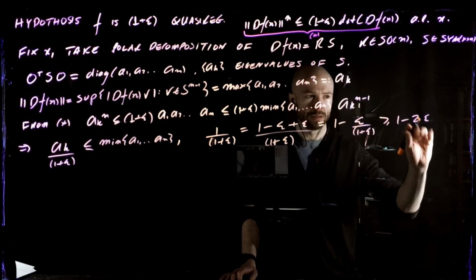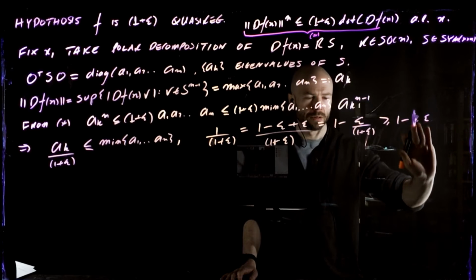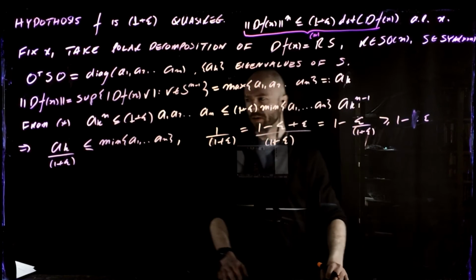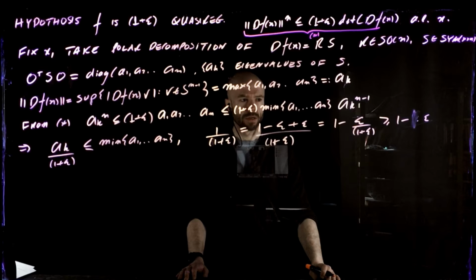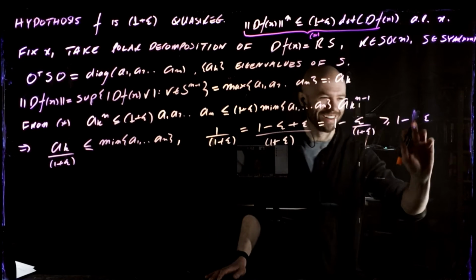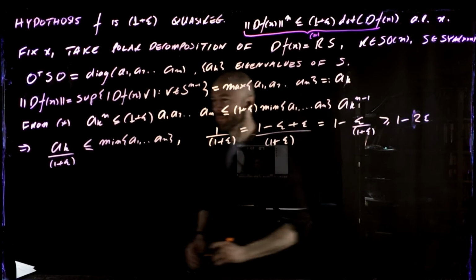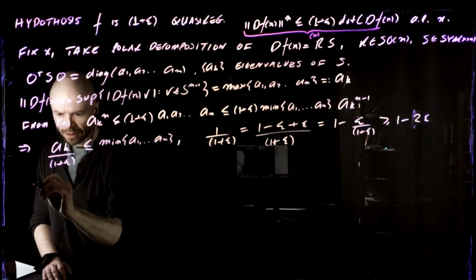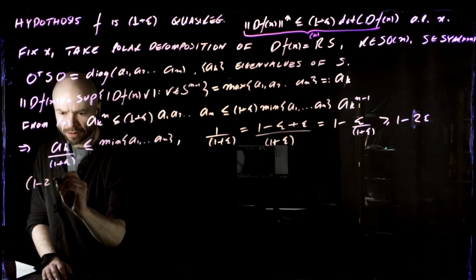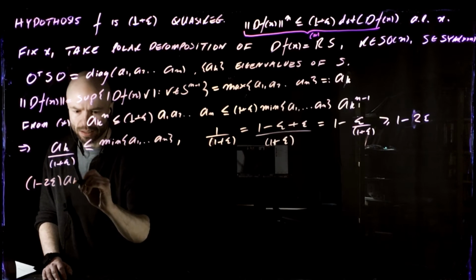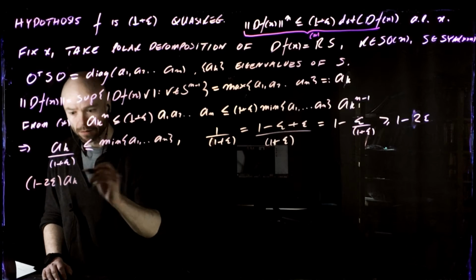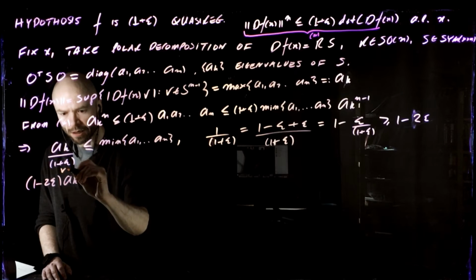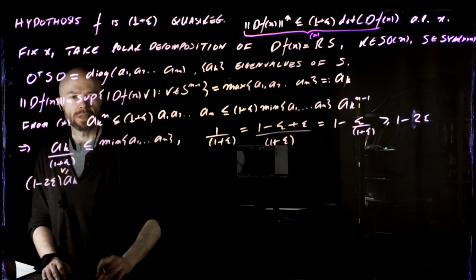Yeah, not 2 epsilon. Which way around am I going? Yeah, bigger than 2 epsilon. I wrote epsilon over 2. Okay, so then let's write it like this: 1 minus 2 epsilon times AK, the maximum eigenvalue, is bigger or equal to this thing here, right?